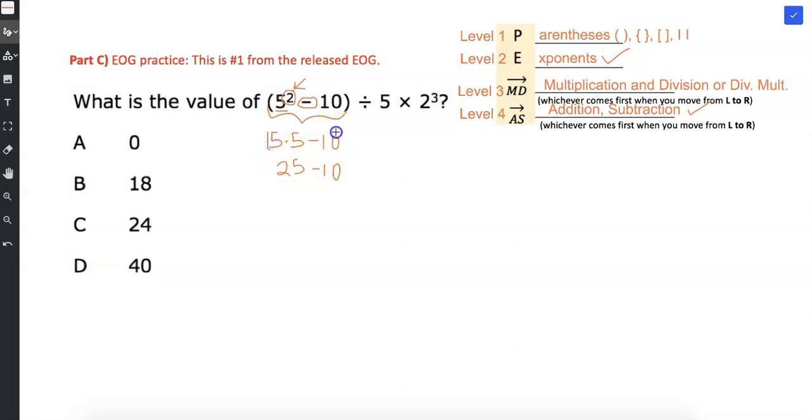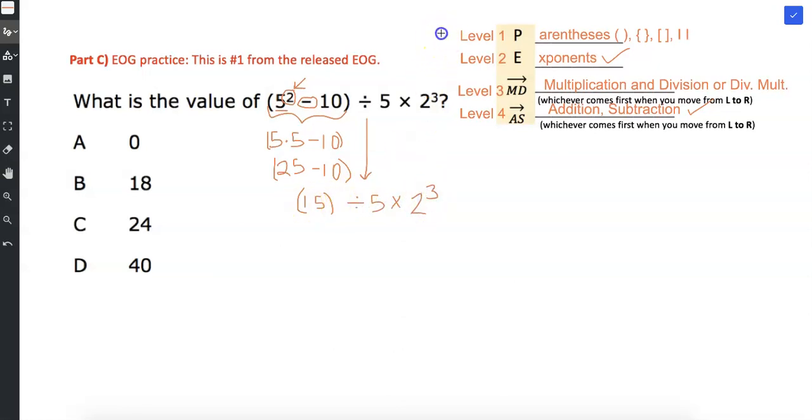And of course I should remember that this is all inside of parentheses. So 25 minus 10 gives me 15. You will know that you are finished simplifying the parentheses when you only have one number left inside the parentheses. So we are finished simplifying that set of parentheses because we have one number left inside, 15.